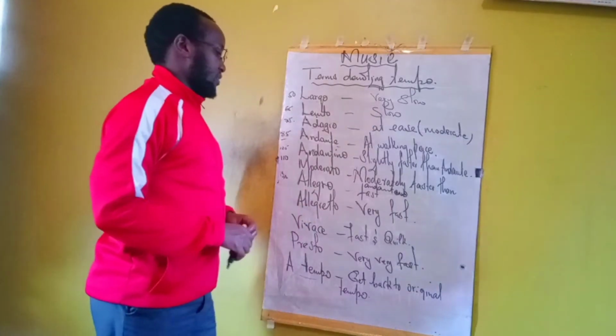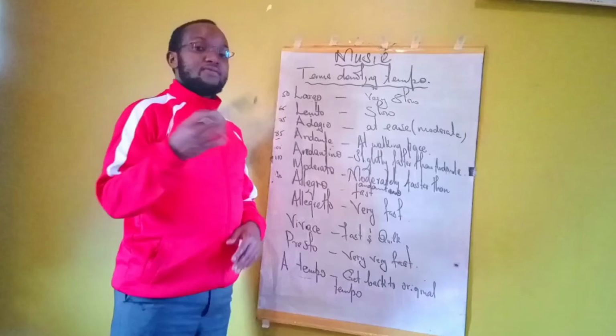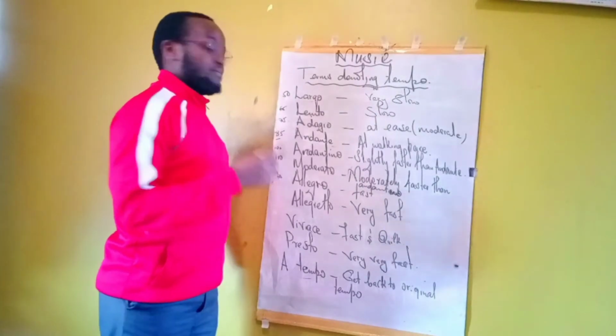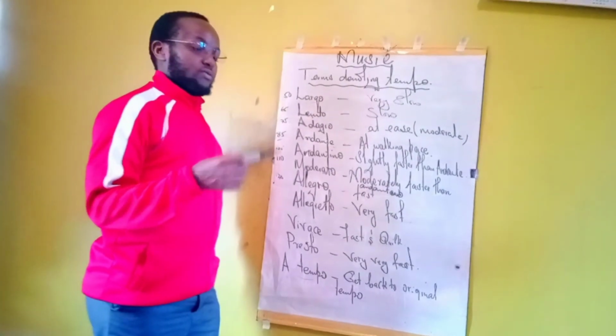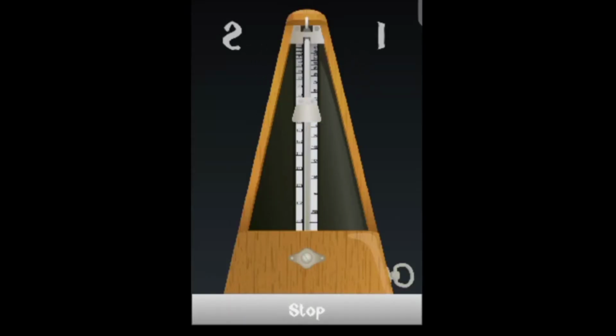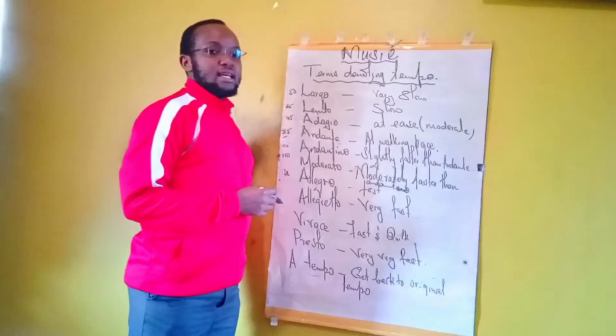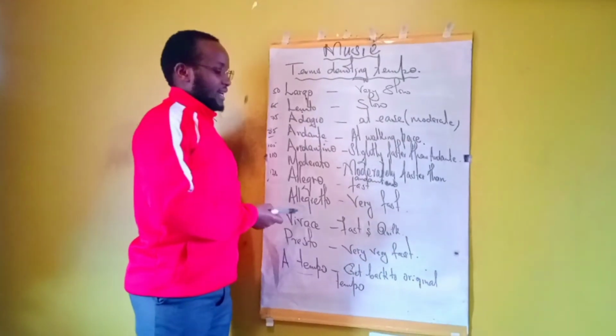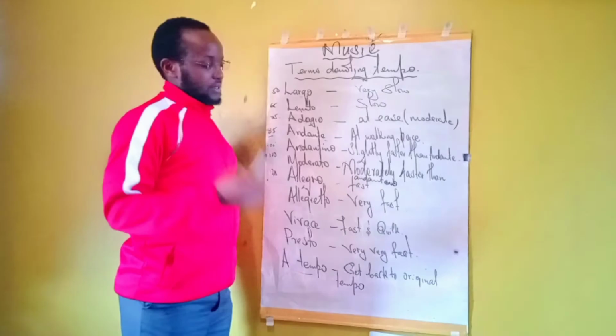Then we have allegro. Allegro means fast. On the meter, we calculate it from 120. And then we have allegretto, very fast.